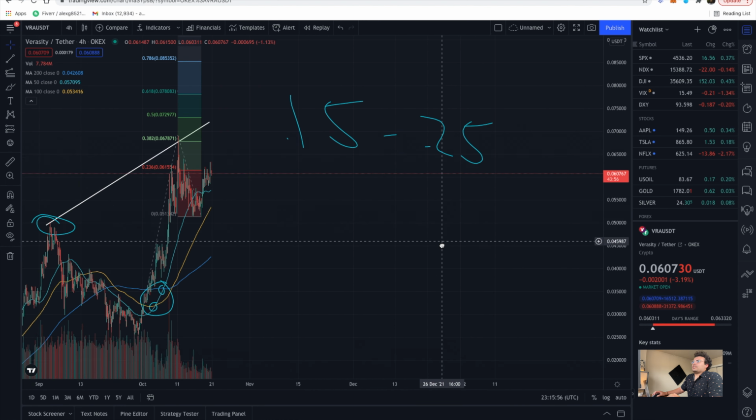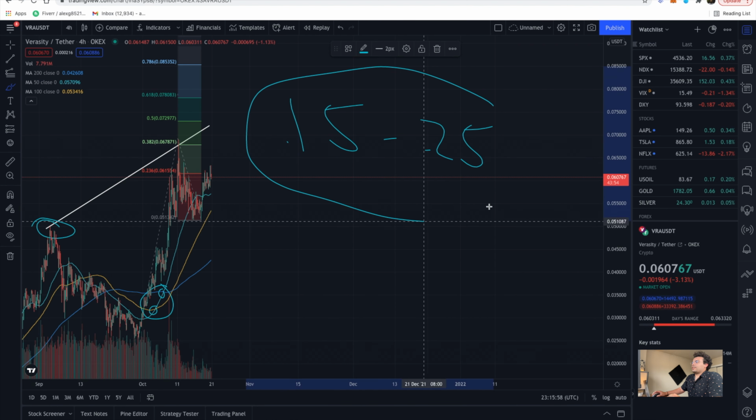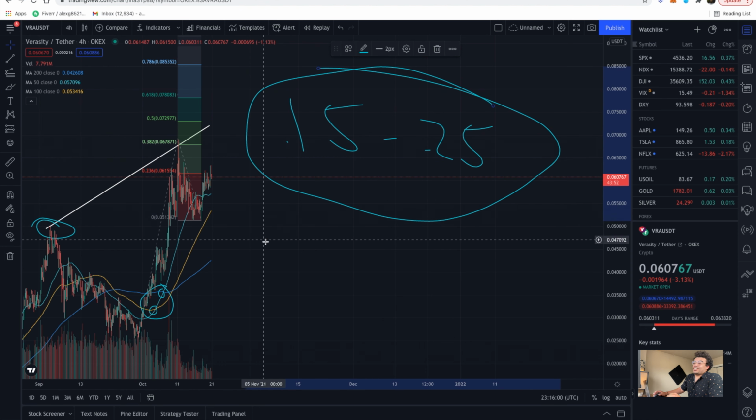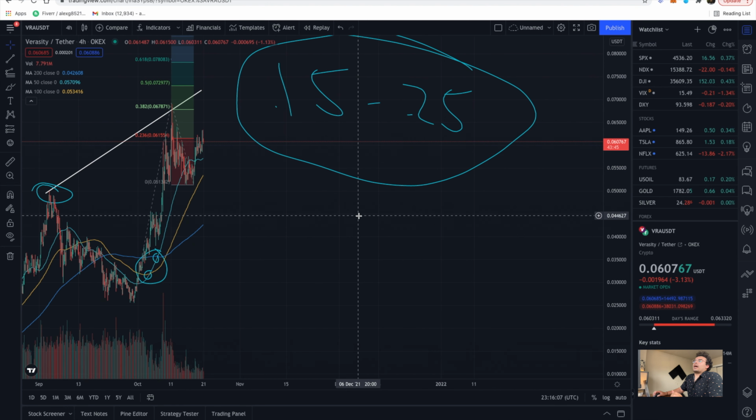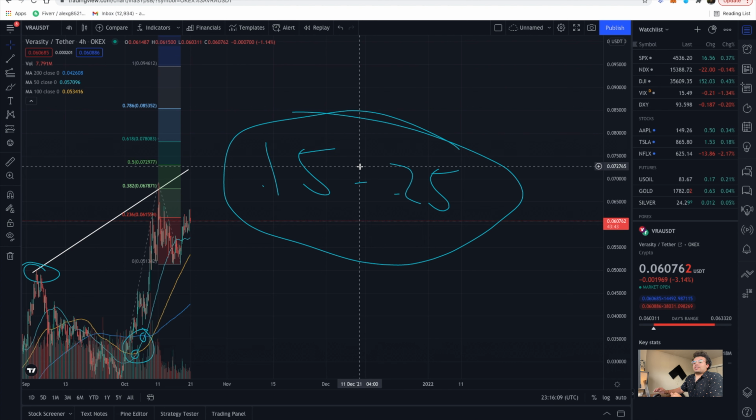But 15 to 20 cents, at least right now, is going to be our end of year to end of cycle target. $1 is really, really far out right now, and a lot needs to go right. Obviously, we have the exchange listings coming up. But just based on technical analysis, it looks like 15 to 25 cents would be our target.